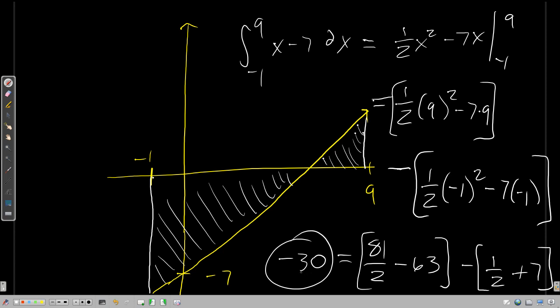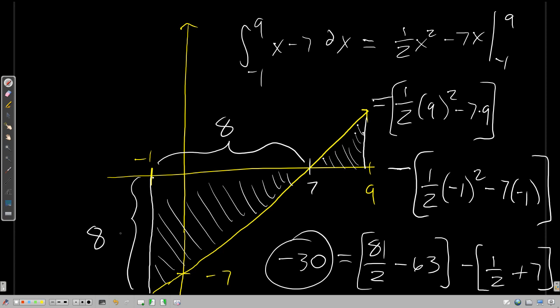Now maybe they had an idea for you to just solve it with some geometry, which is possible here. Because the length of this leg is 8, and the length of this leg is 8.